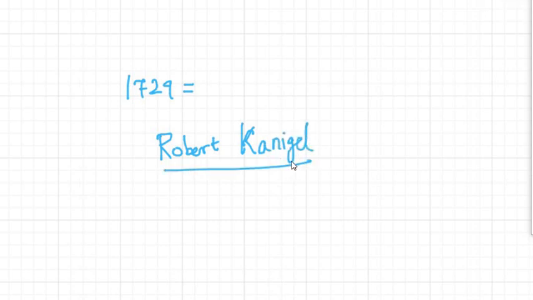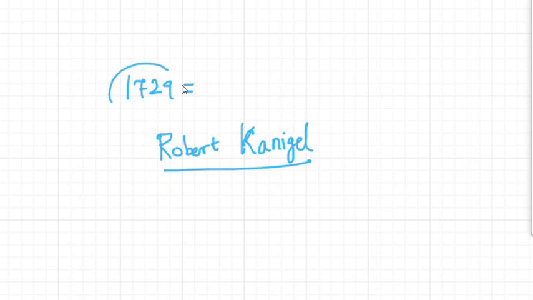The Man Who Knew Infinity is the biography of the life of the genius Ramanujan, written by Robert Flanagan. Okay.